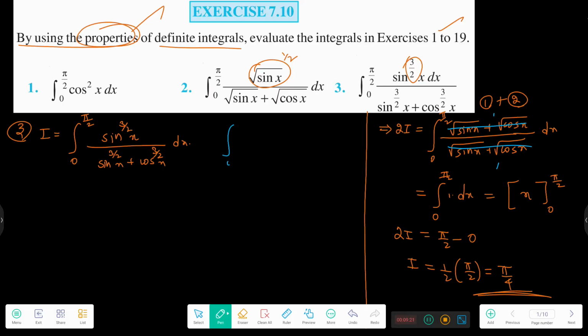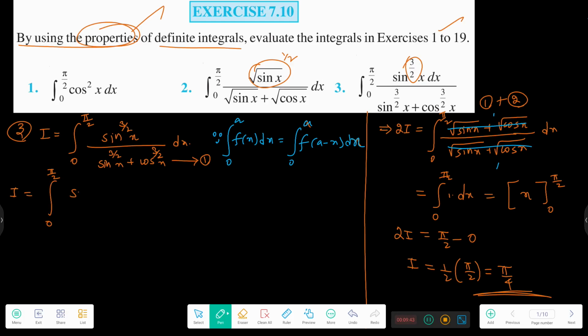What is the formula? Integral 0 to a of f of x dx is equal to integral 0 to a of f of a minus x dx. So this is the formula we are going to use. Now let me take this as answer number 1. Now the property we are going to apply.